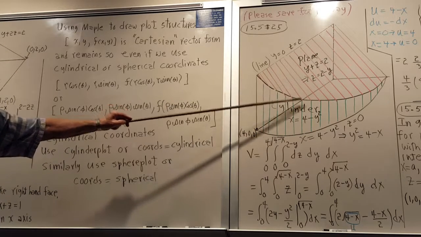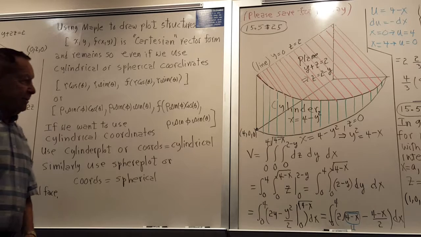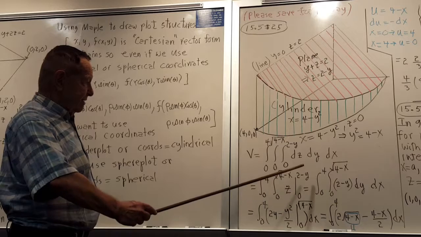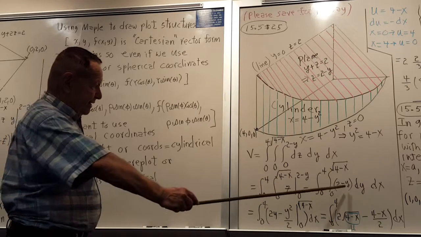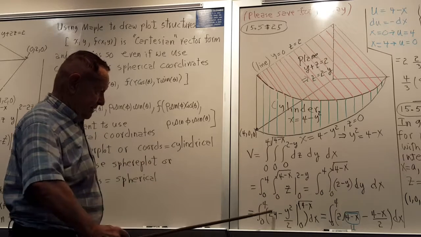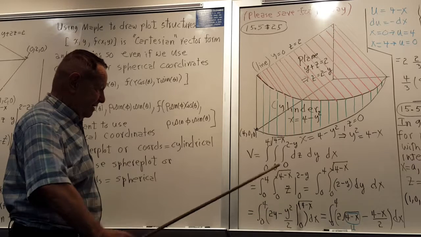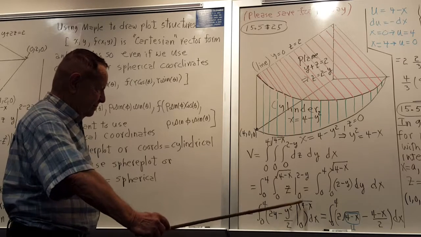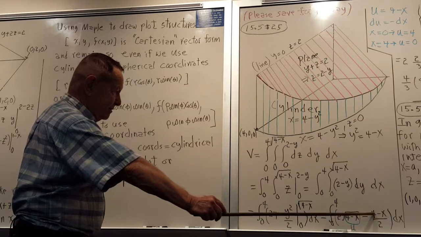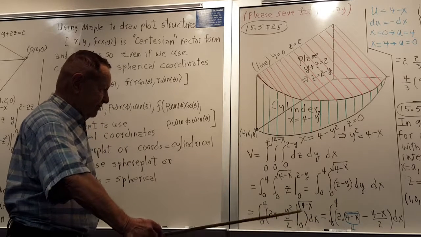So in this figure, I think it's easier to see the order of things. So I integrated dz, and I have z, and I put on my limit, and that gets me here. And I integrate that with y, and that gets me 2y minus y squared over 2, and I put on that limit. So I have 2 times the square root minus the square root squared over 2, and the y squared over 2.